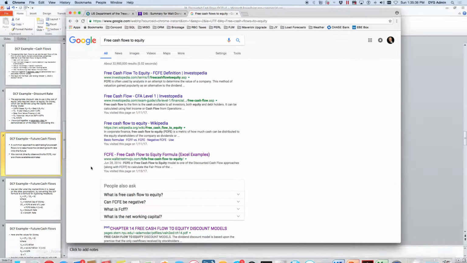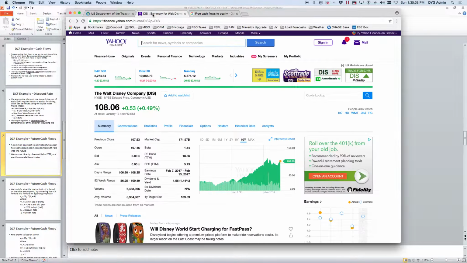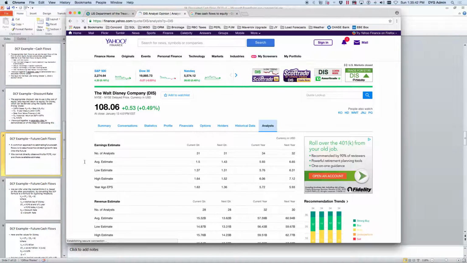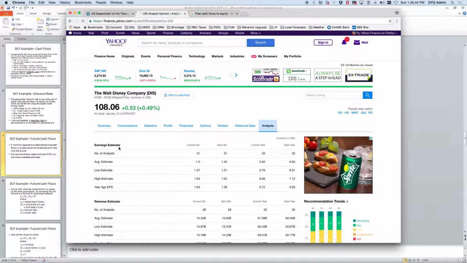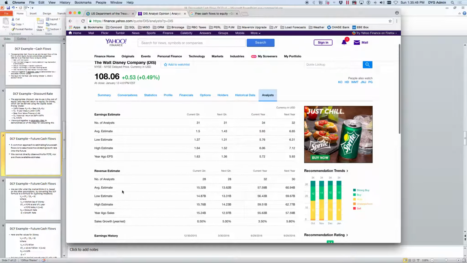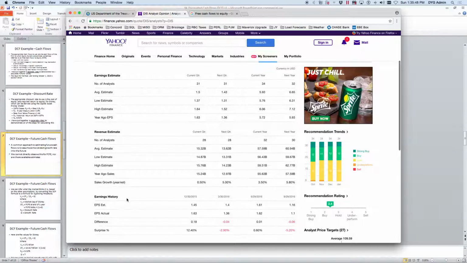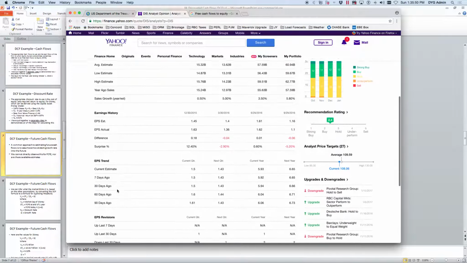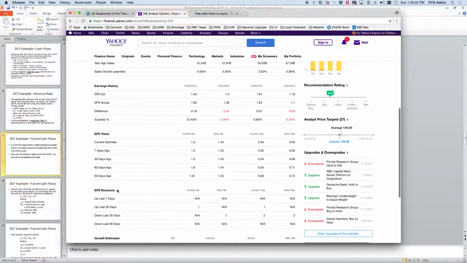Sometimes you can look at analyst information. They may have some estimates of earnings or revenues, future revenues, or earnings per share. But again, what you would have to do is take some implication of, oh, they were this much this time and they're going to be that much next time.